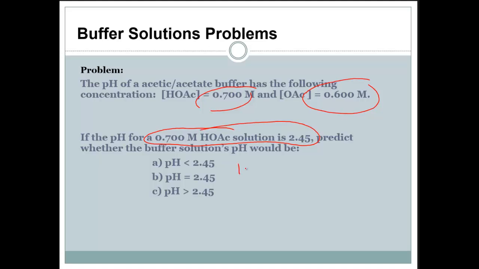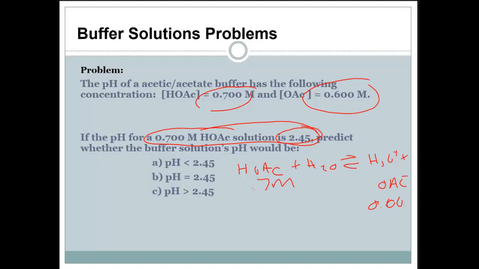So, if we have acetic acid and we're putting it in water, alright, so we have 0.7 molar of the acetic acid. That alone is 2.45. Then we add 0.60 molar.